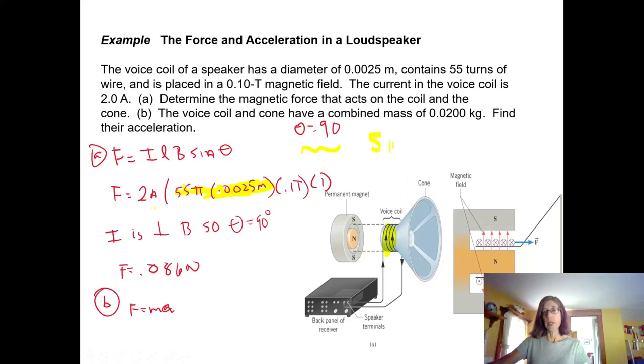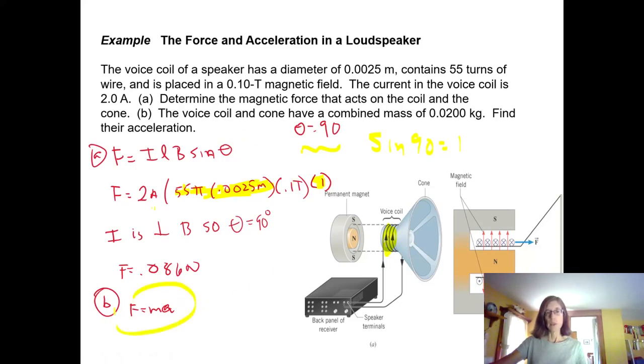And as I said, the sine of 90 is equal to 1, so that's why I put this 1 here for the sine of theta. If you do that calculation, you'll get that the force is 0.086 newtons. And the second part of this asks you to find the acceleration of the coil in the cone. There is some acceleration as this moves back and forth.